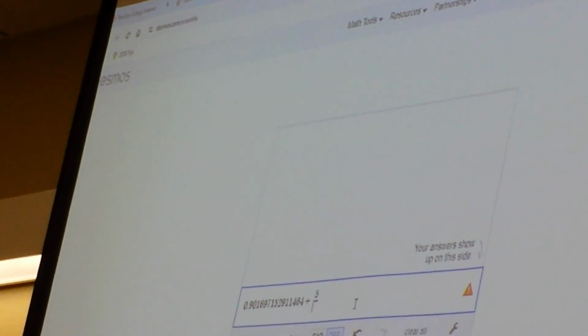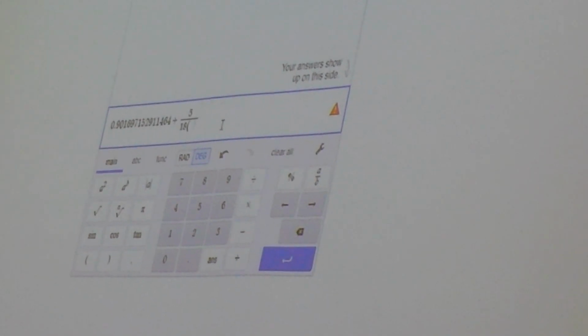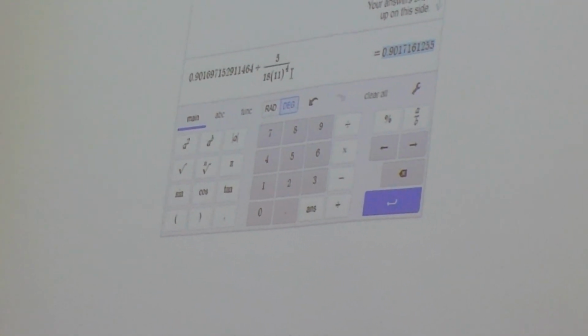So there's that number plus 5 over 18 times 10 plus 1 is 11 to the fourth. So here's our answer. I'm going to highlight it. Isn't it to the third? Is it to the third?